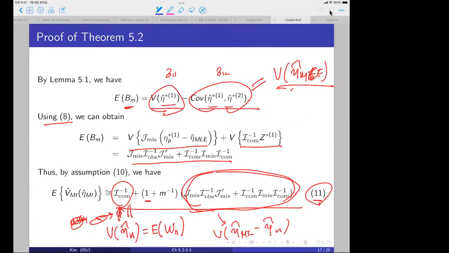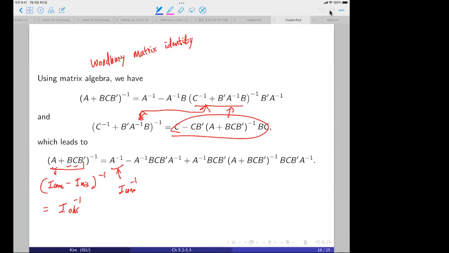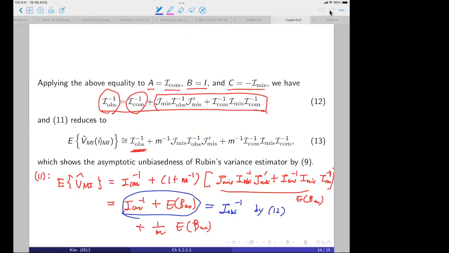What we used is this identity to show unbiasedness. So if we don't have this one, then Rubin's formula does not work.